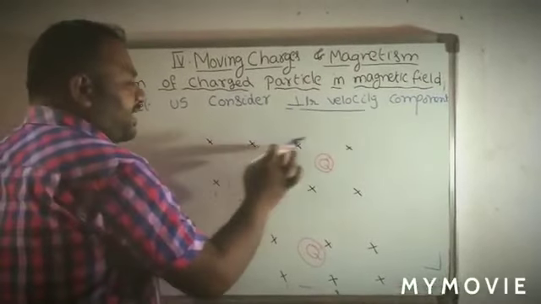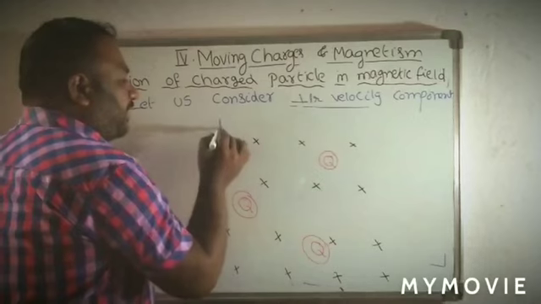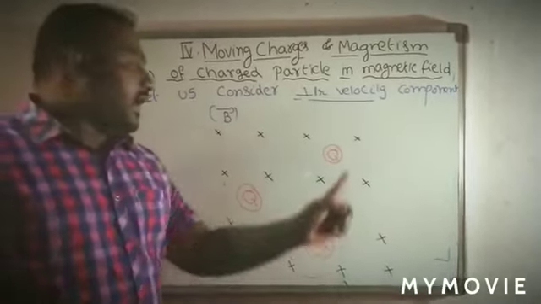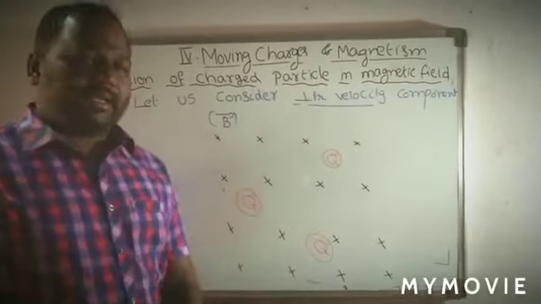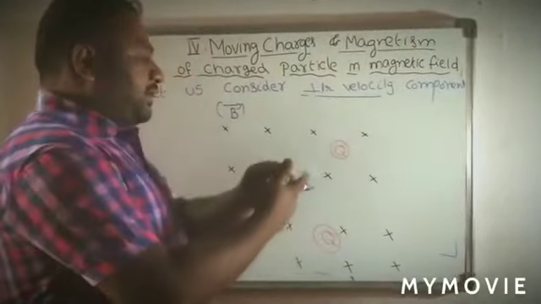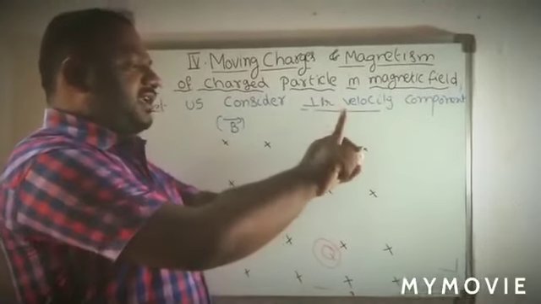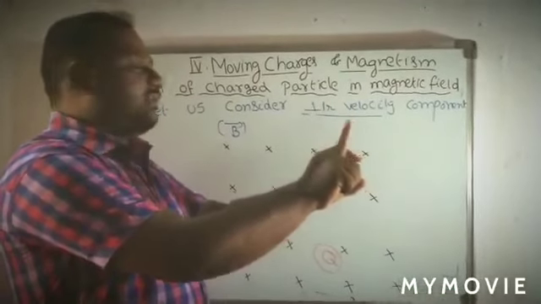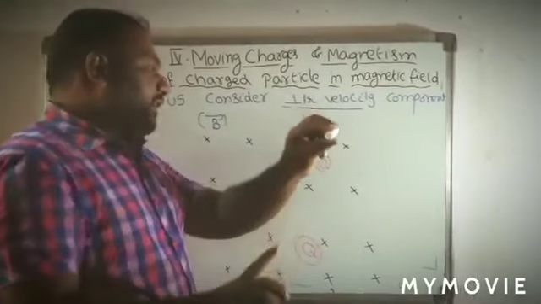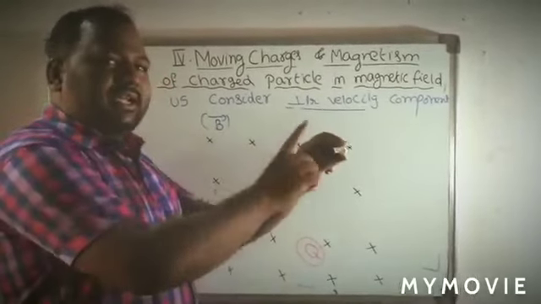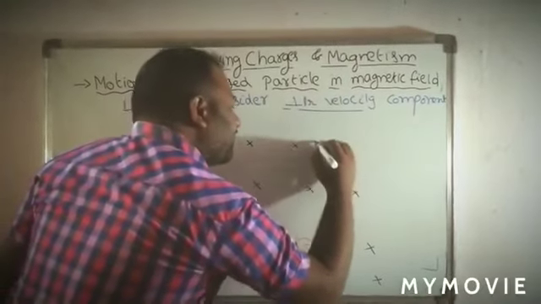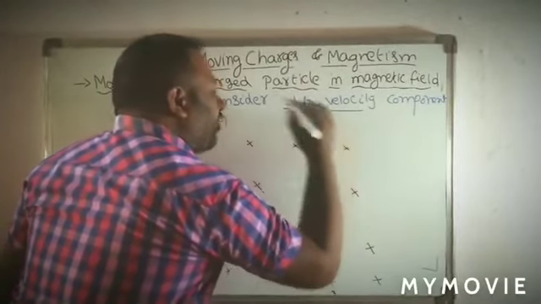Here the crosses represent a uniform magnetic field B. In the uniform magnetic field I take a charged particle, and the field is into the board. I consider the velocity perpendicular to it, so this is the velocity component.